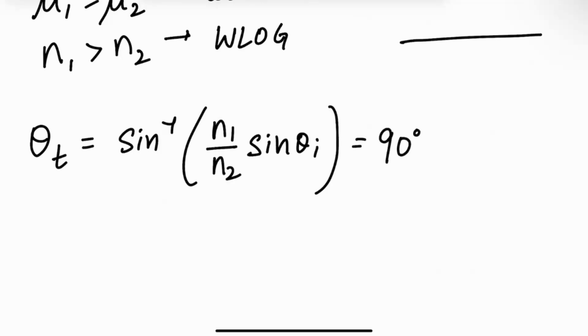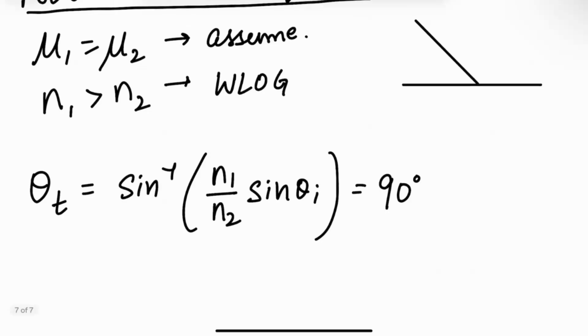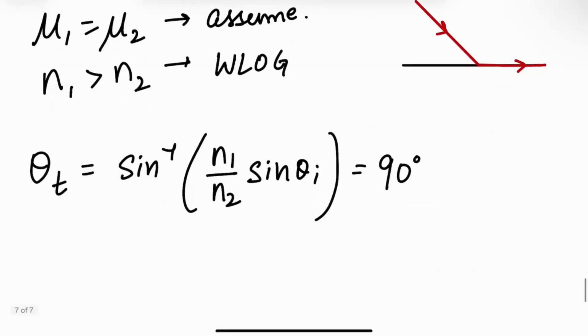So what does that mean? So I'm coming in at some angle, and I want my refracted ray to go along the surface. Okay, that's what that means. When that happens, the angle at which that happens is called the critical angle.